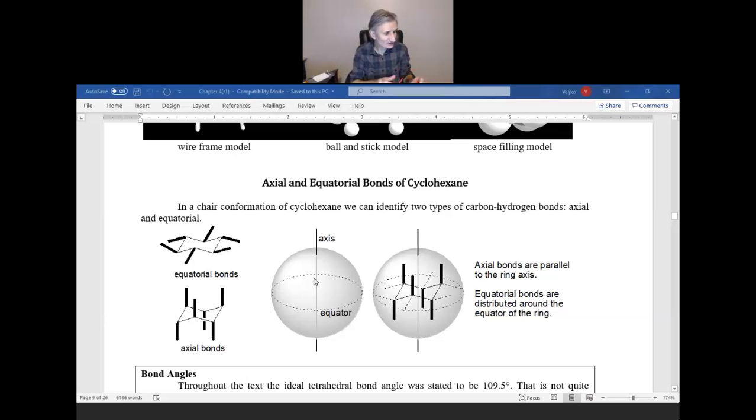Now, bonds in cyclohexane are axial or equatorial. So when you look at cyclohexane, those vertical bonds in the chair conformation are axial because they're parallel to the axis. They're shown here in bold, and those in dash are equatorial.